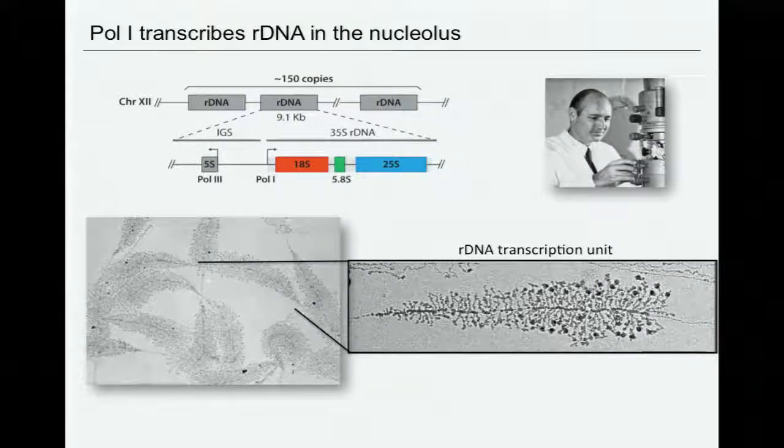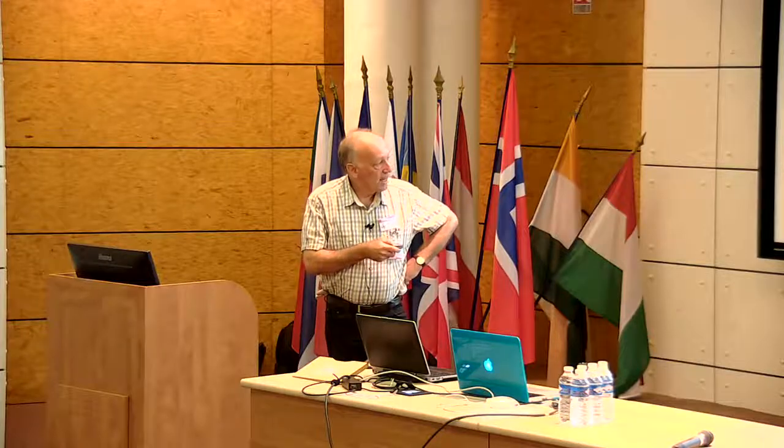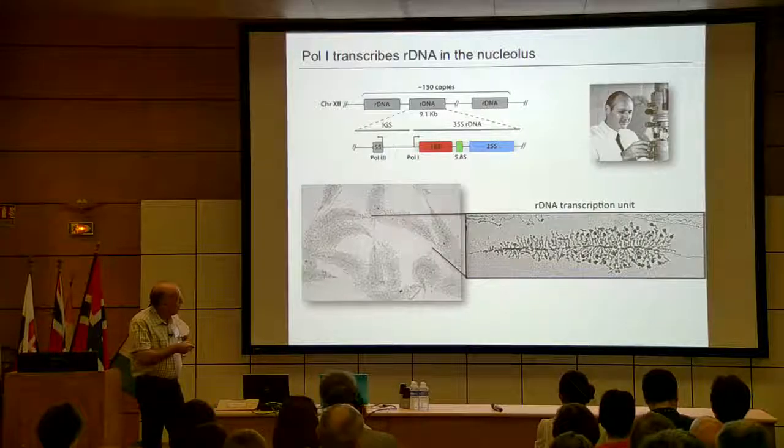RNA polymerase 1, many people know because of the so-called Miller trees. Miller was an electron microscopist, and he discovered these tree-like structures. They are formed because there are multiple copies of the Pol 1 gene, arranged in tandem. And so we have tracks of Pol 1 transcribing here.